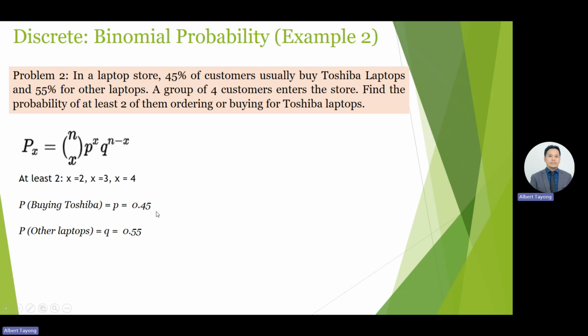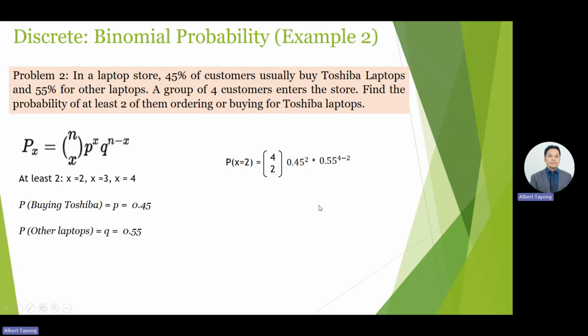So we have here already the probabilities. Our P of X equal to 2 is, of course, 4 choose 2, because you have a group of 4 customers, times our P, which is 0.45 raised to the power of X, that is 2, times 0.55 raised to the power of 4 minus 2.